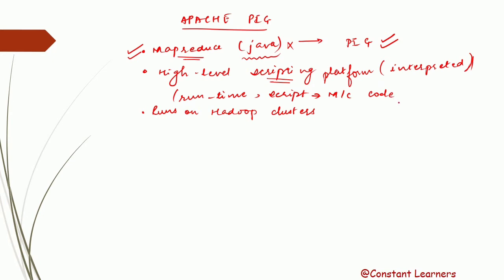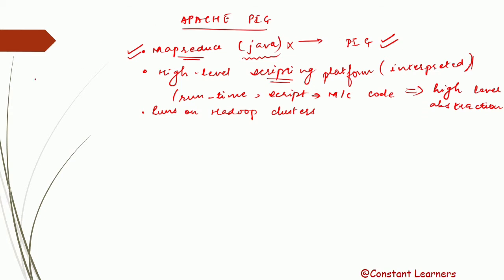It is not told to the user, and thus we can say that in Apache Pig there is a high level of abstraction. Abstraction means that whatever operations are being performed are hidden from the user. How those operations are being performed is also hidden from the user.